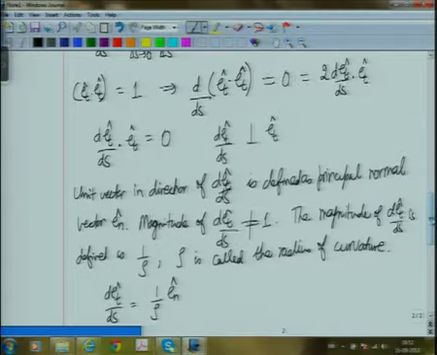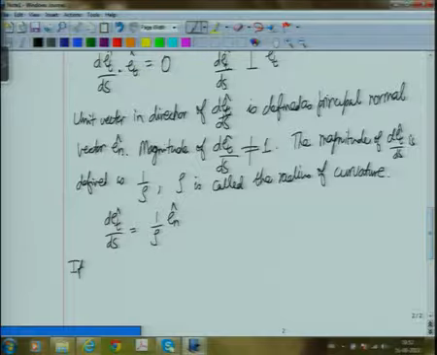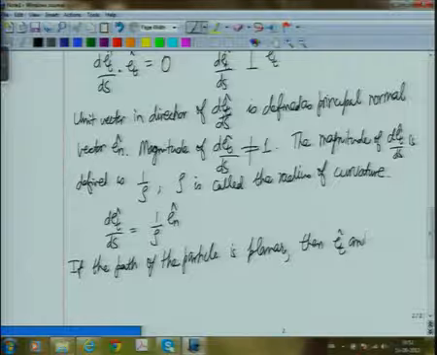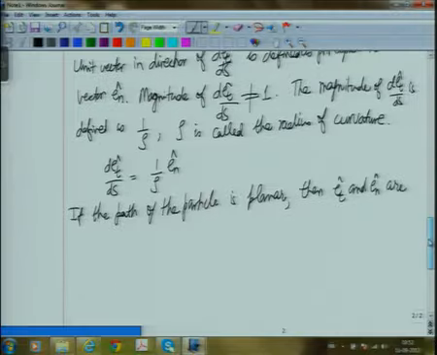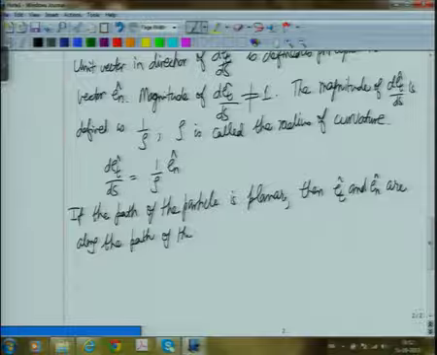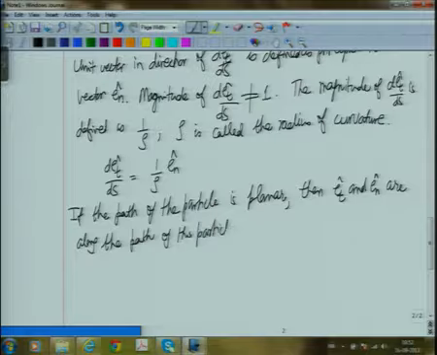Now, if the path of the particle is planar, if the particle is travelling along a plane path and not along a 3-dimensional path, then Et and En are along the plane of the path of the particle.